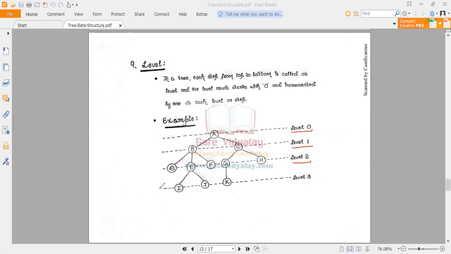Afterwards the last leaf nodes will be considered level 3. So this is level 3 of the tree. If it is asked what the level of this tree is, you can say it has level 3 starting from 0. Or you can say I, J and K exist at level 3 and B and C exist at level 1.